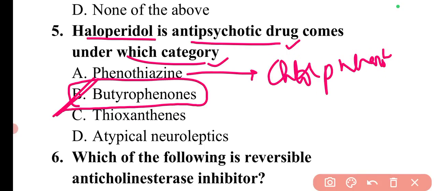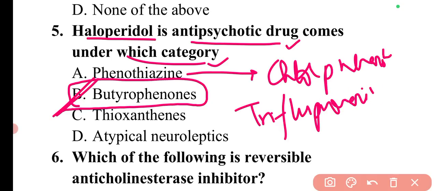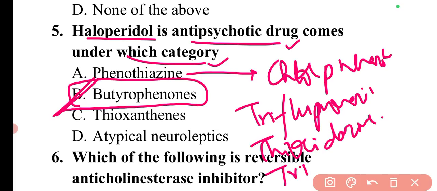Chlorpromazine comes under the phenothiazine category. Also there can be the drugs triflupromazine, thioridazine, and trifluoperazine. So these drugs come under the phenothiazine category.